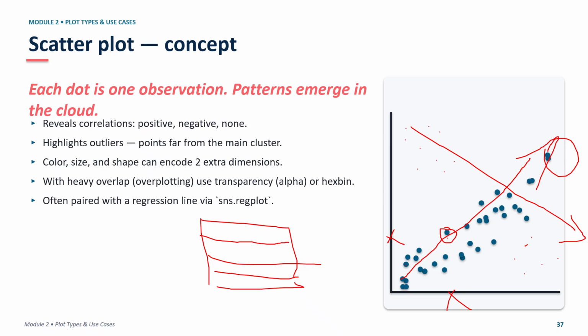As x increases, y will tend to decrease. An example that I can demonstrate for negative correlation is price versus demand. As the price increases, the demand is going to decrease, right? So this is an example of a negative correlation.